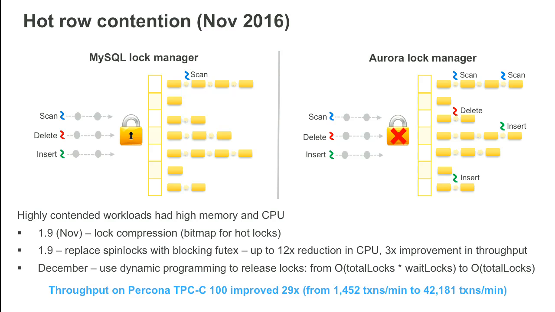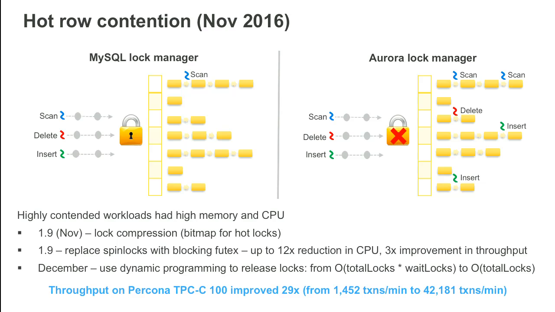In terms of hot row contention, we have some very good results with TPCC benchmarks where you have a lot of transactions updating a common row. The way the MySQL lock manager will handle this sudden bloat in the lock chains can certainly be improved. And while the Aurora lock manager is very different, we made some big improvements here.